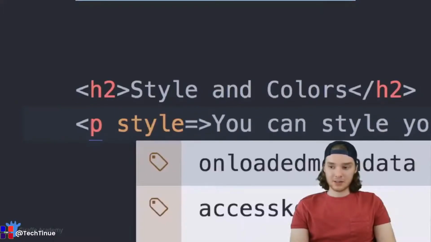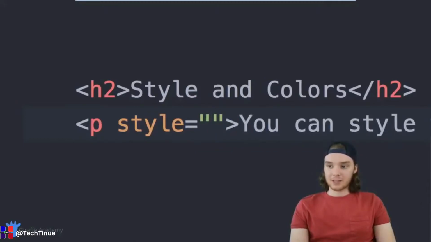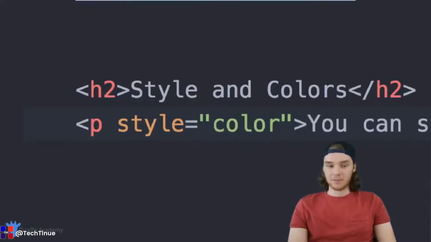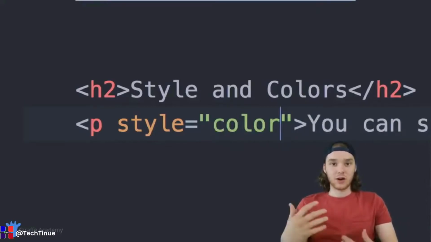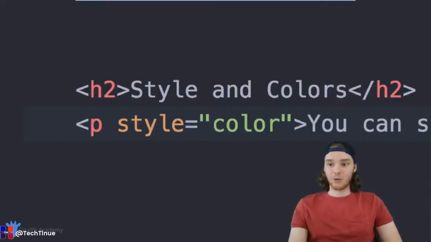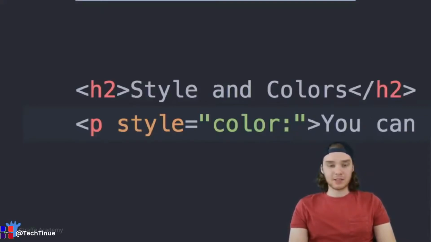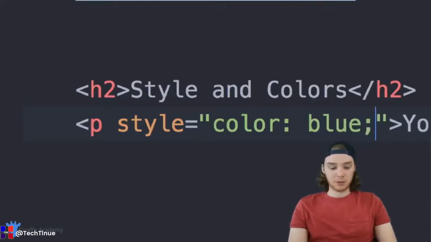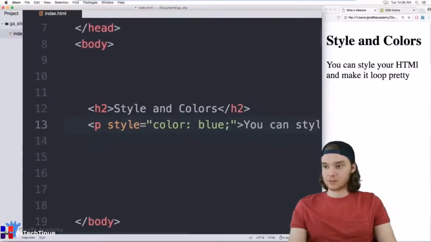So I type out style is equal to, and now inside of these quotation marks, I can type out some different style attributes that I want to give to this element. One of them is color, and color is going to control the color of the text for this paragraph. I can do a colon, and now I can just type out any color that I want. So let's use blue because that's one of my favorite colors.